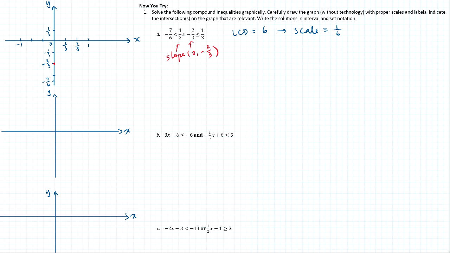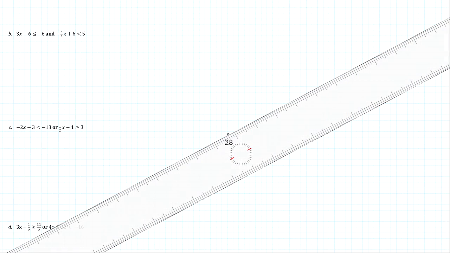With the same scale on the x and y axes, it makes it easier to find the points. Again, if I go up by 1, I go over by 2, and over here I have another point. Once you have enough points, you can connect them.